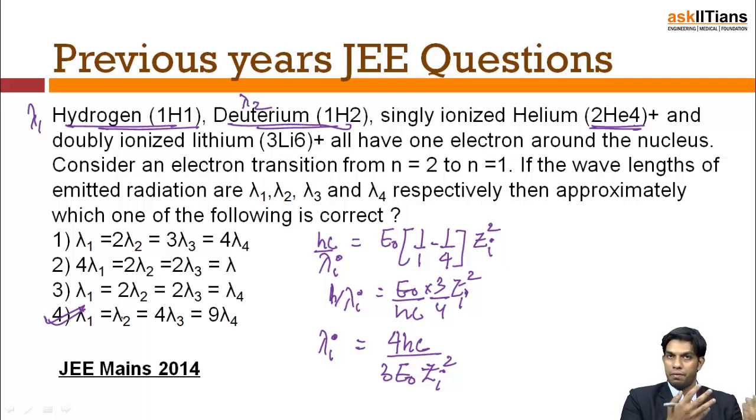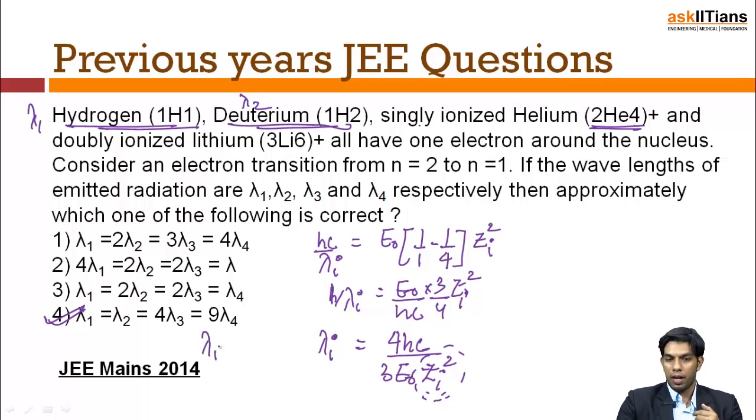Now we have solved this problem, but let's look at it as a conceptual question. I want to truly solve it, not just get the marks out of it. So lambda 1 is equal to lambda 2, that's a done deal. And if you look at helium, you find the factor will come out to be 4, so it will be 1/4 of lambda 1 and lambda 2.